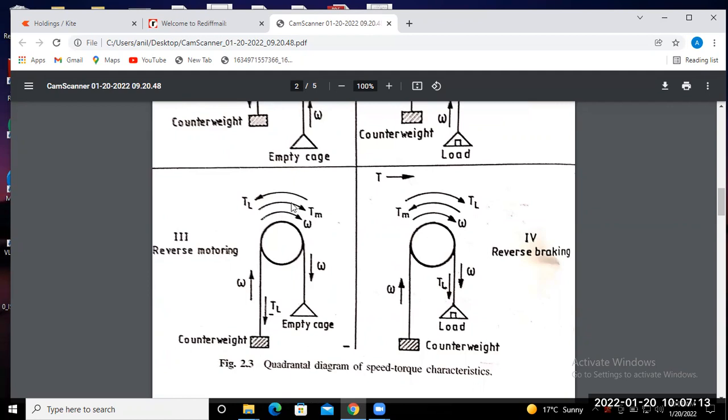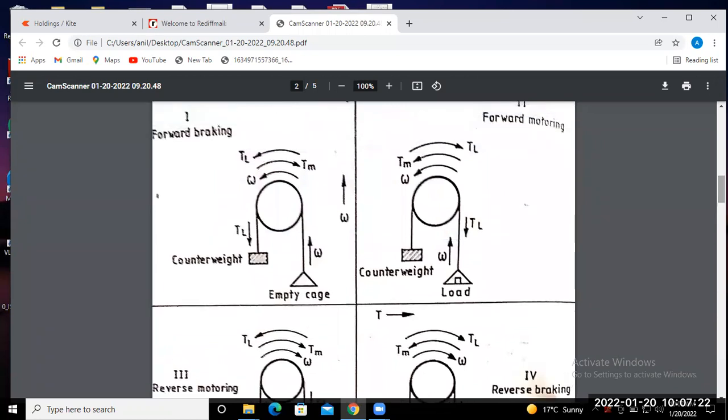Okay, so the first quadrant is known as the forward motoring mode. This is the motor running in the forward direction. But in the second quadrant, the motor is in braking mode, since the speed is in the anti-clockwise direction and the torque developed is in the clockwise direction. So the motor will try to brake after some time.